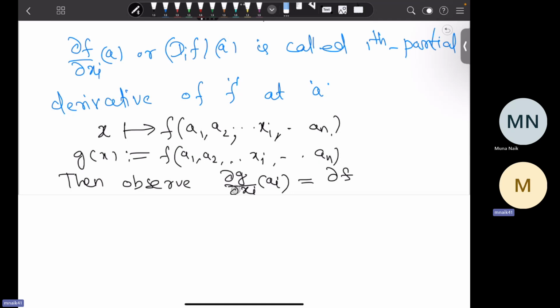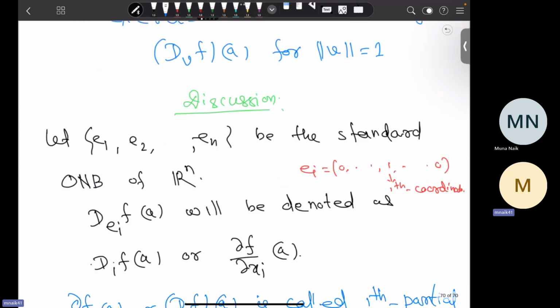is nothing but del f by del xi at a. This is nothing but dg by dxi at the point ai.